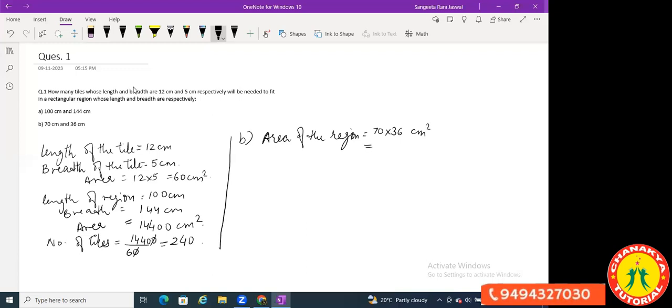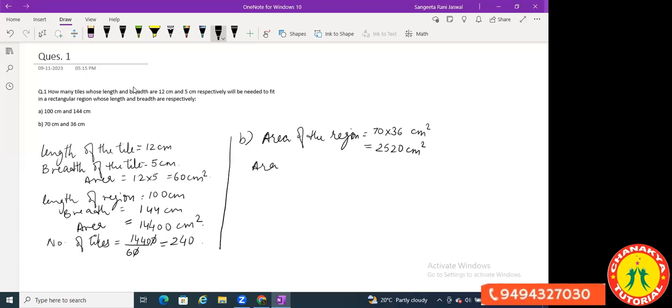So multiply 36 into 70. Quickly multiply. Ma'am, 2520 centimeter square. Good, great.